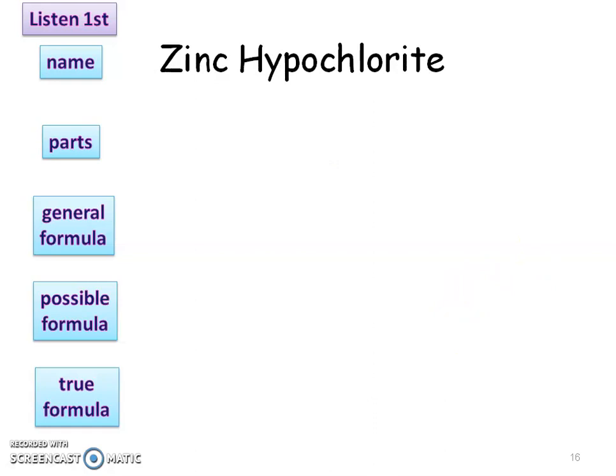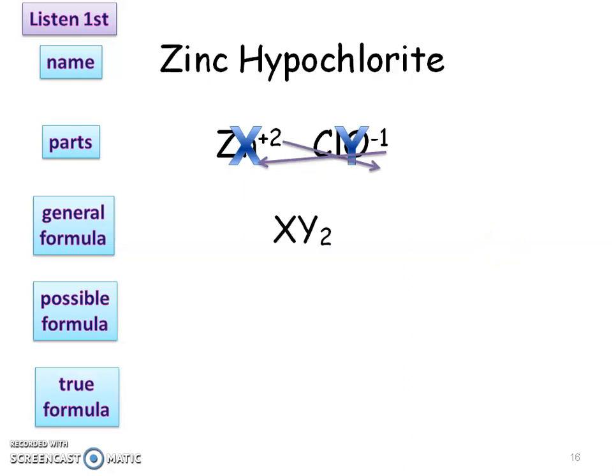All right, zinc hypochlorite. Whoa, can you find zinc and can you find hypochlorite? Hopefully you paused and maybe even came up with the general formula, the possible, and the true. So here's our parts. Here's our XY. The charge numbers are different, so crisscross. General formula, possible formula. I'm going to pause here, and I'm going to say just kind of look over that. Doesn't something look strange?